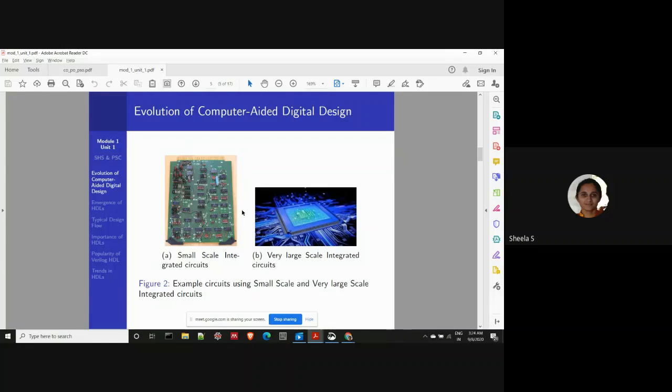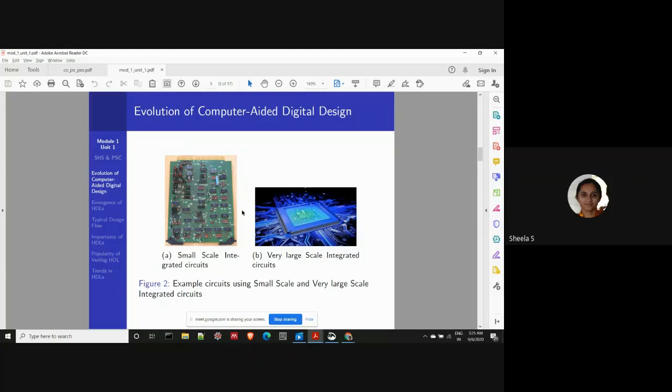Even if I reduce the size of the transistor, I am able to get the same functionality. When I am able to get the same functionality, then instead of using a larger area for a gate, I can reduce the area and accommodate more gates. Similarly, with miniaturization, as the technology improves, the size of the gate kept on reducing.